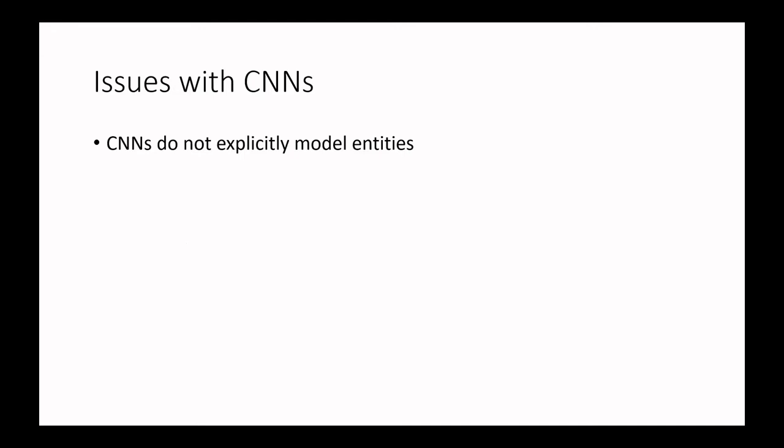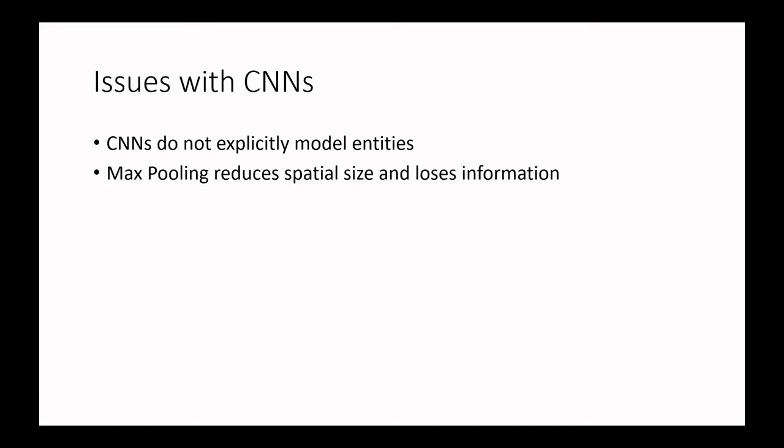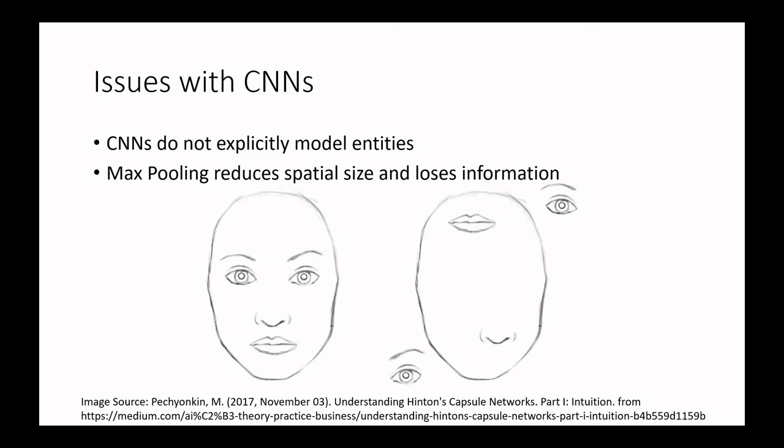Now there's an issue with CNNs: they don't explicitly model entities. What that means is that because you have an image, you just do max pooling and you lose the spatial information. Due to that, the problem is, if you look at a face image on the left, the CNN will say yes, there's a face, you can train it.